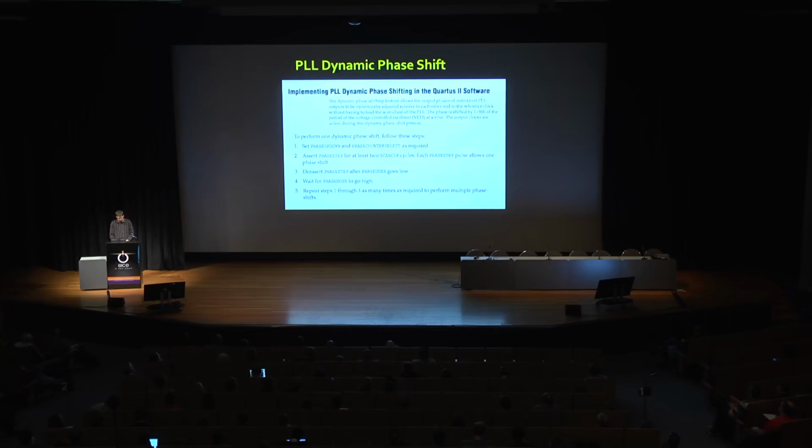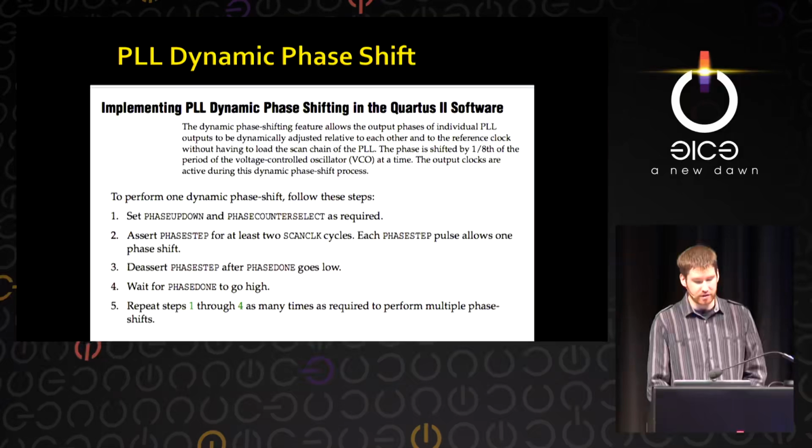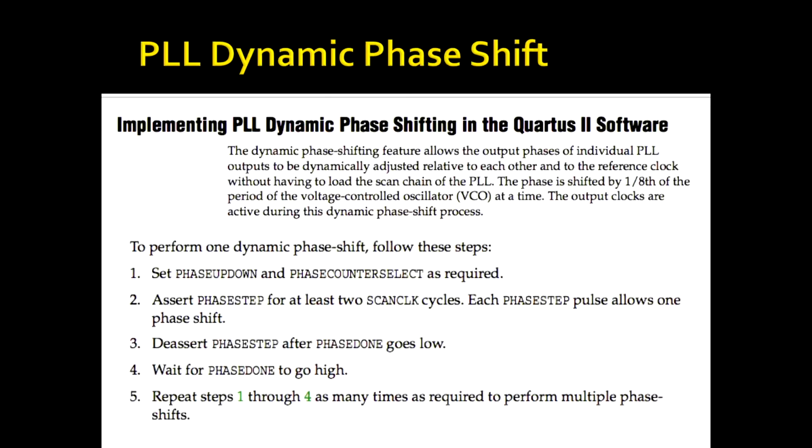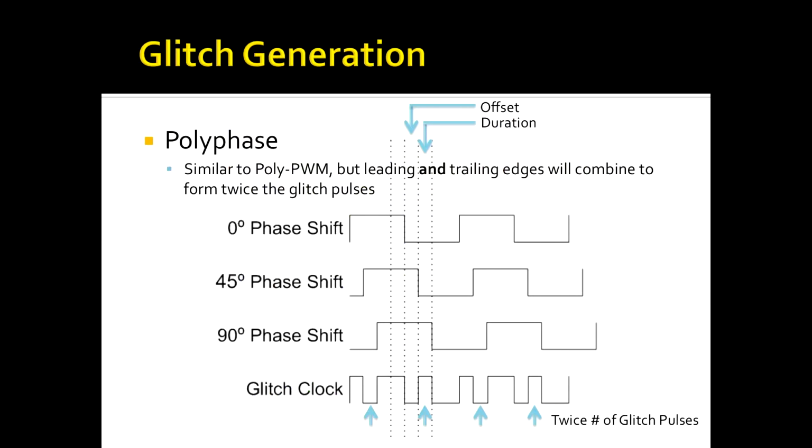So a quick aside, I'm using Altera FPGAs, so you don't have to worry about reading all this big paragraph. This was just an excerpt out of Altera's manual, and Xilinx will be similar. If the FPGA has a hardware PLL, these are the steps for how to instruct the PLL to create phase shifts on its different PLL outputs, which is basically how I took those different phase shifted outputs and created these waveforms.